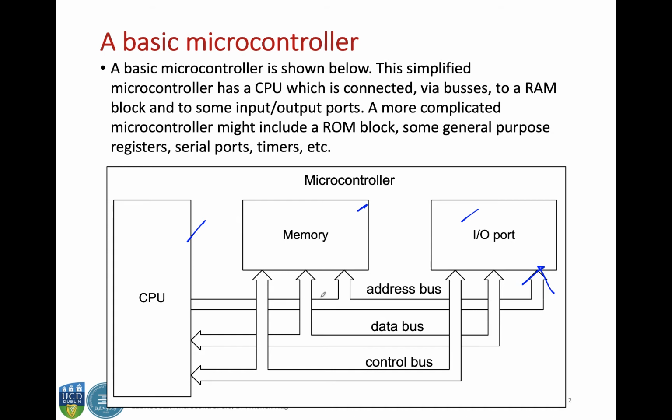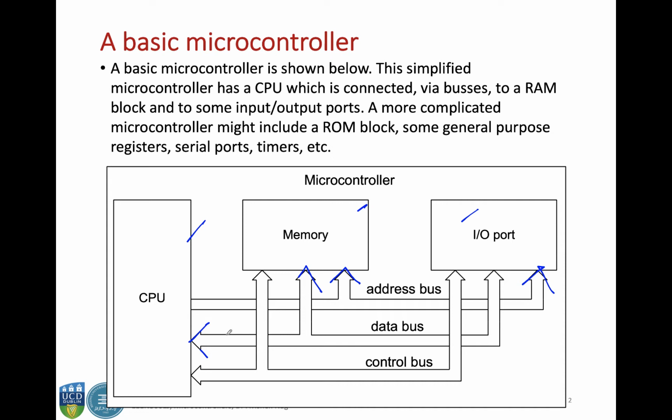Okay, so if you look, the address bus is unidirectional in nature, so it goes from CPU to the different blocks, but your data bus is bidirectional, so you have these arrows on both sides. So this means that you have the exchange of data between the different blocks and the CPU.